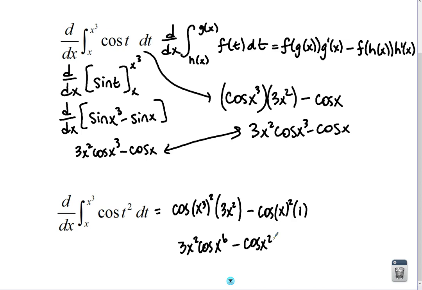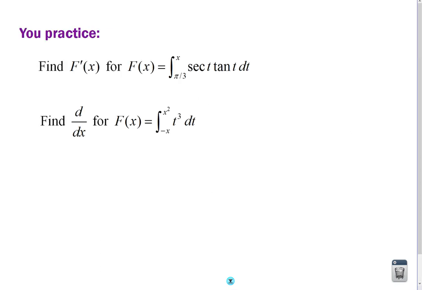Here, I'm going to give you two more right here. Pause the video, try it on your own, and then come back. I'm just going to write the answers down for you real quick. Hopefully you already tried it and then came back. This is going to be, oh wait, f prime of x is going to be secant x tangent of x.